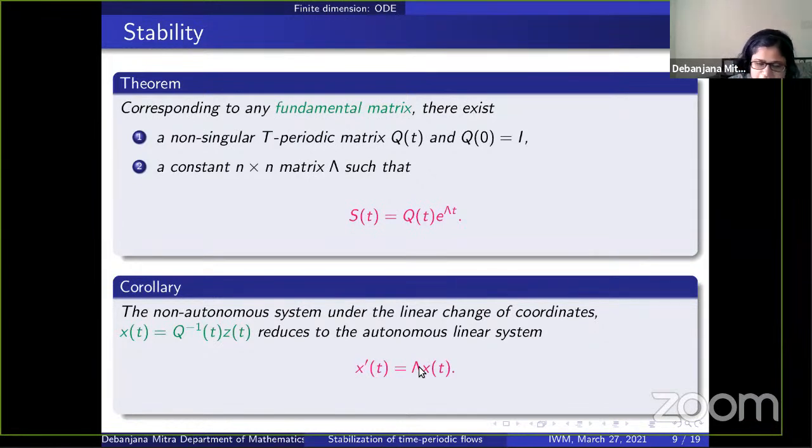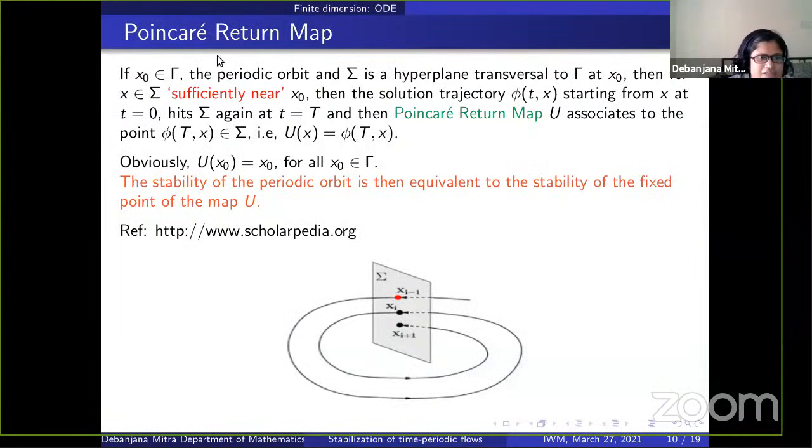So that is the question, and it is well understood from a very early stage of mathematics, I think. The name came after the famous mathematician Henry Poincare. So I think everyone is more or less already introduced to that Poincare return mapping notion.